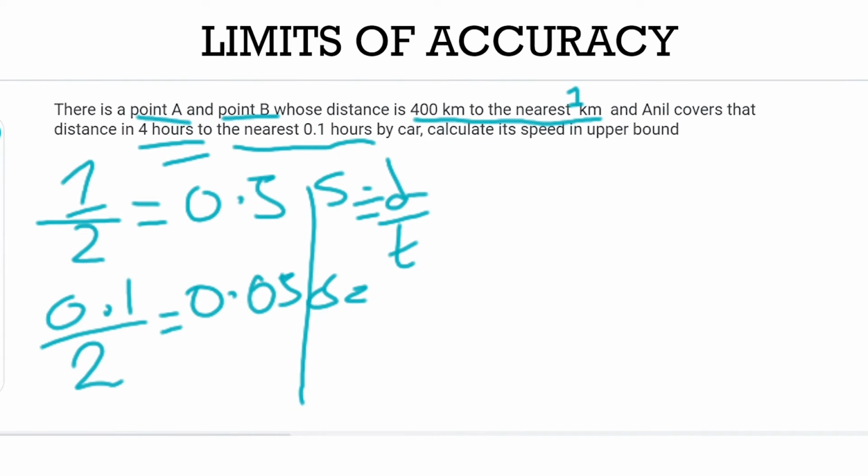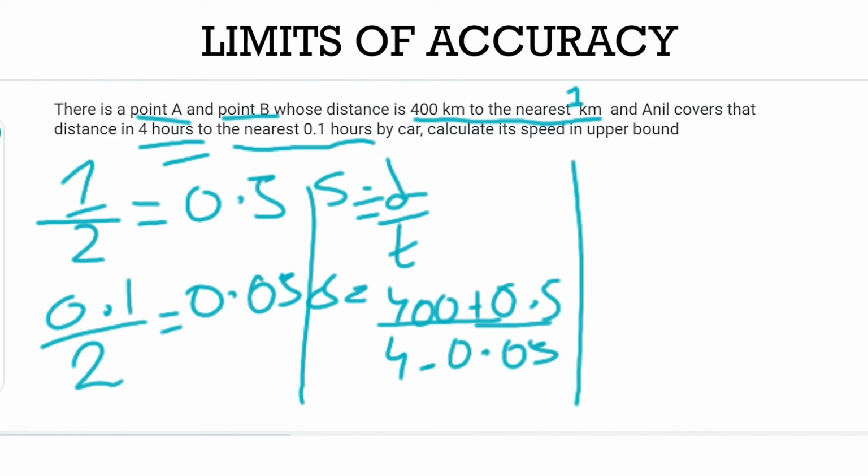So for time we will calculate the lower bound, and for the distance we will calculate the upper bound. For distance we will write 400 plus 0.5, and for the time we will write 4 minus 0.05, which is equal to 400.5 divided by 3.95.